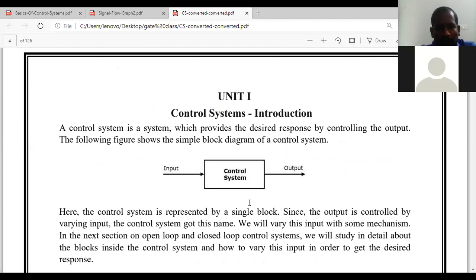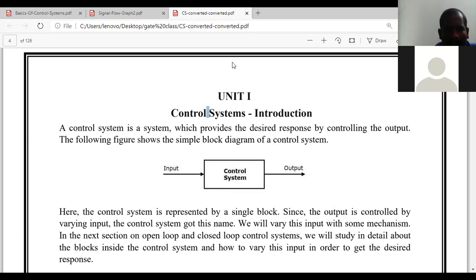So now, control system: you can divide the term into two words, control plus system. Here first we will define a system. What is a system? Do you have any idea about a system?